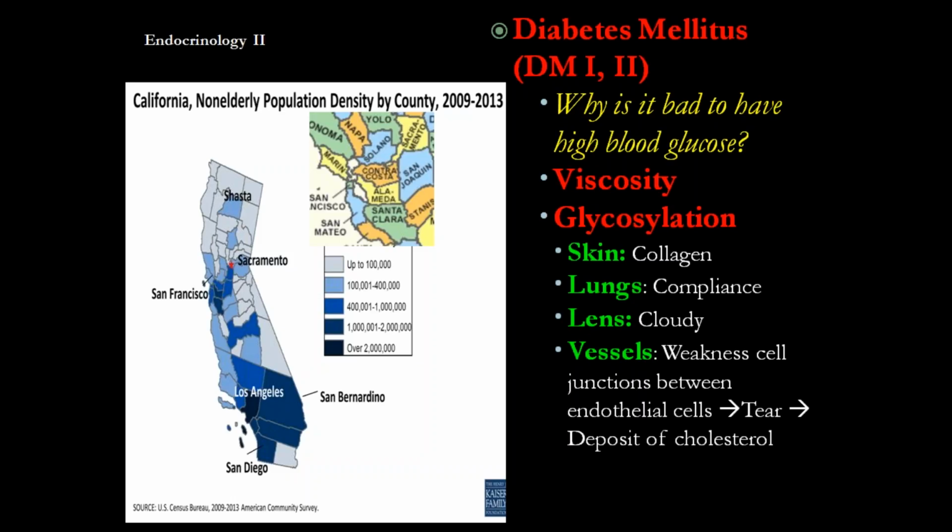The glycosylation is going to react with these proteins of the endothelial cells, making the junction between cells weaker. So in conclusion, it's like having a tear of the endothelium, and that tear needs to be regenerated. They are going to call macrophages, and that is going to get deposits of cholesterol.